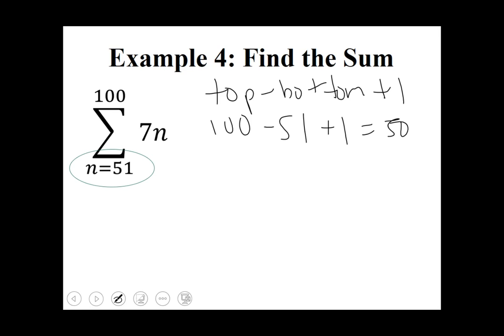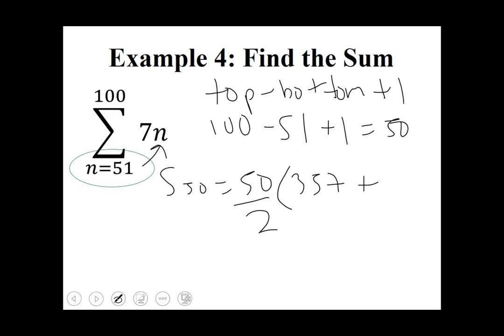So if you want to do this little workaround, this little cheat, the first thing you have to realize is how many things you are actually adding up. If you realize top minus bottom plus 1, then you realize that you are adding up 50 things. So 50 divided by 2. If you're adding up 50 things, you're going to start by plugging in the bottom number, which is 51. That's going to give you 357.